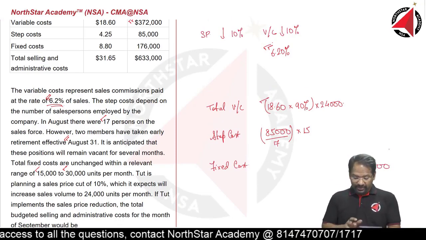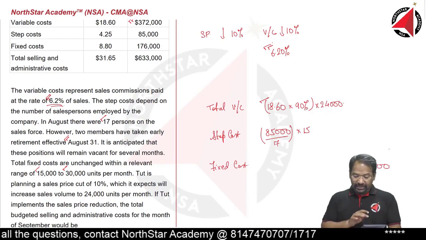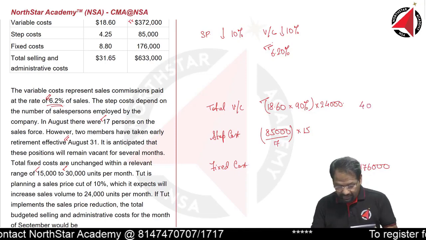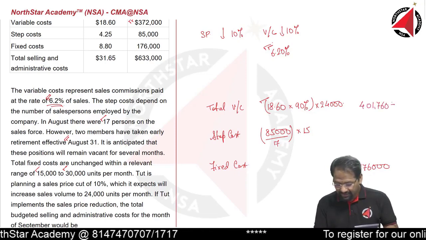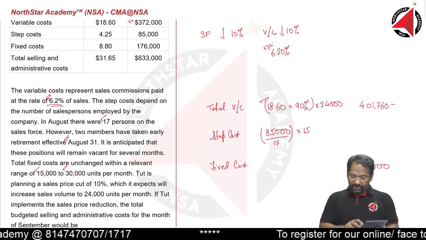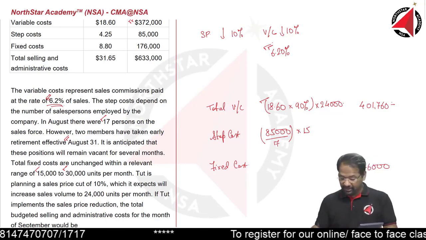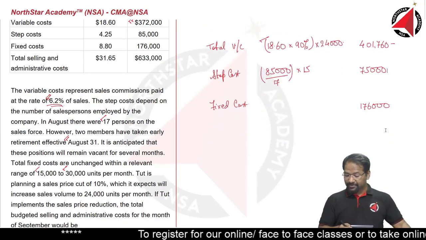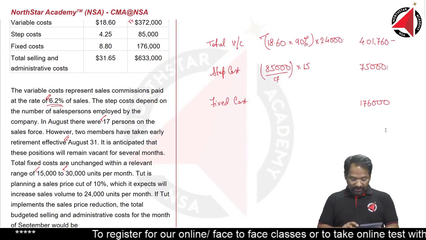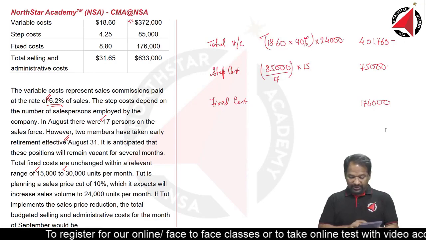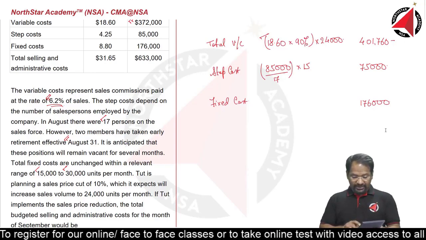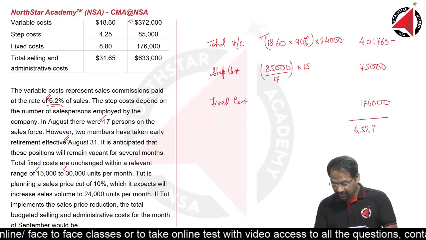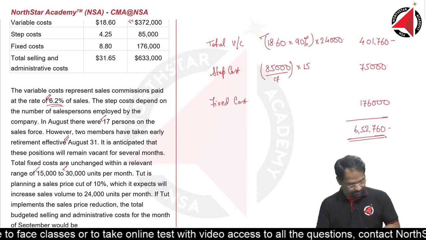Let's calculate. 18.6 multiplied by 90% multiplied by 24,000 gives $401,760. 85,000 divided by 17 multiplied by 15 gives 75,000. Let's add all three: 75,000 plus 401,760 plus 176,000 gives $652,760.